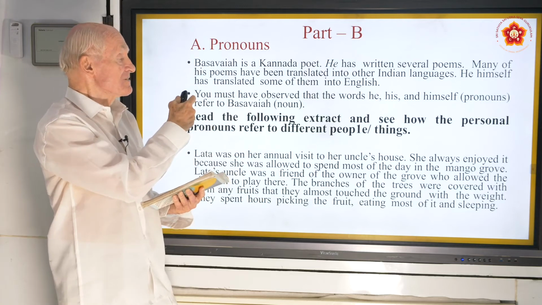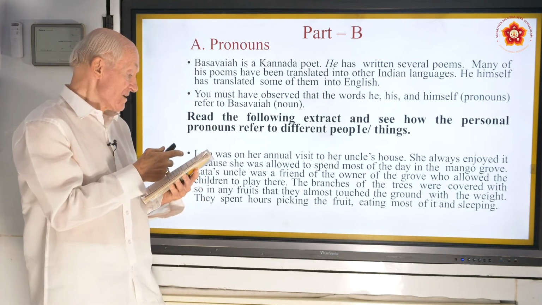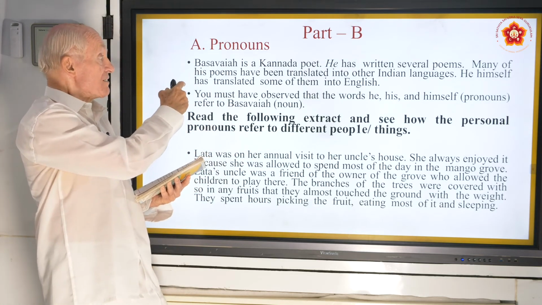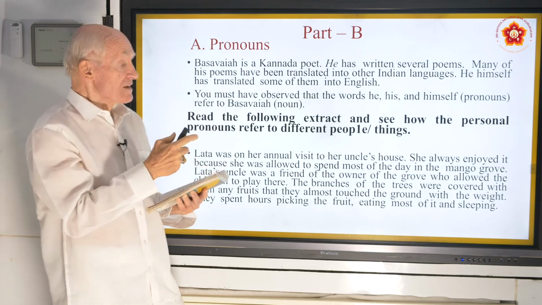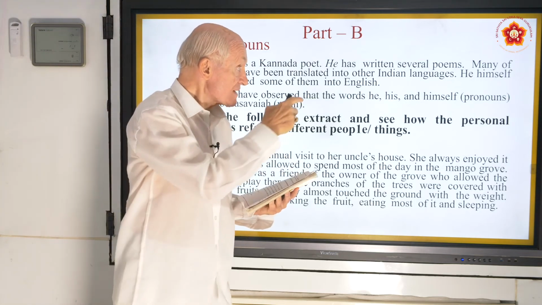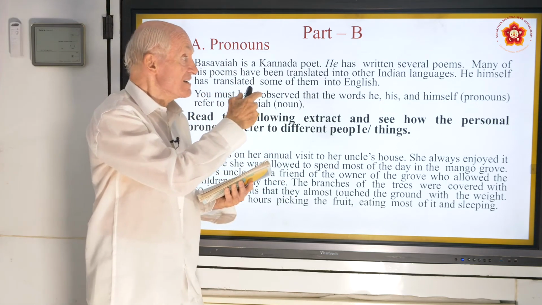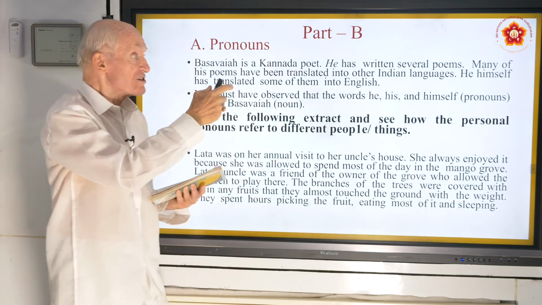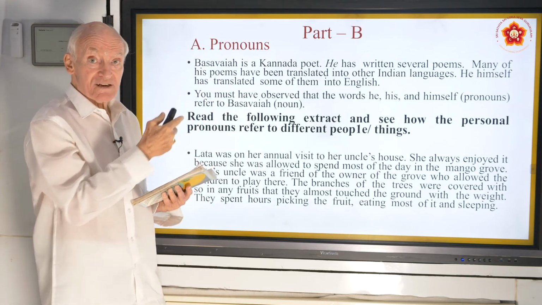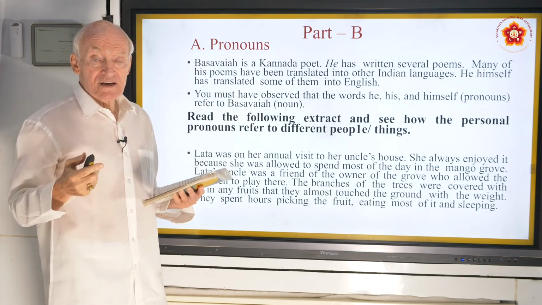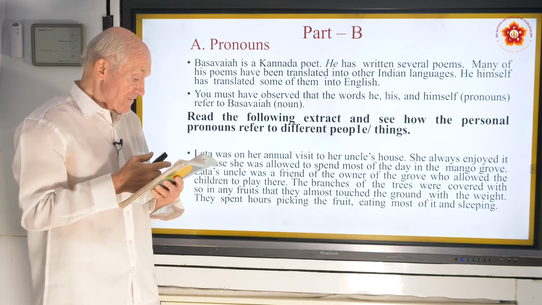Many of his is also a pronoun that refers to Basavaya. And instead of saying many of Basavaya's poems have been translated into other English languages, we just say many of his poems. It's simpler, it's shorter, and we know what we're talking about.